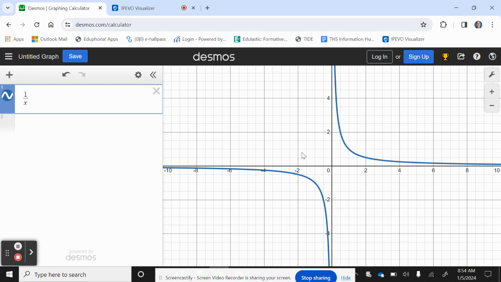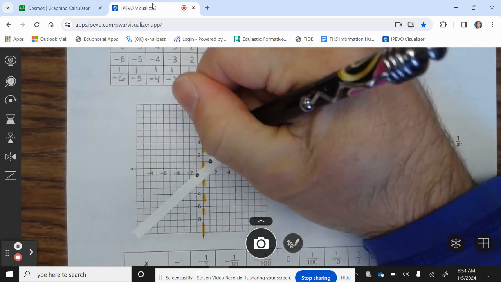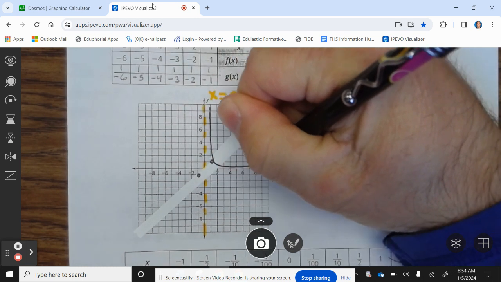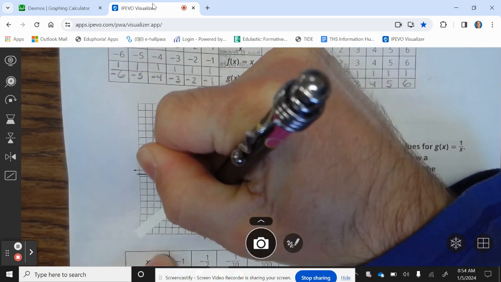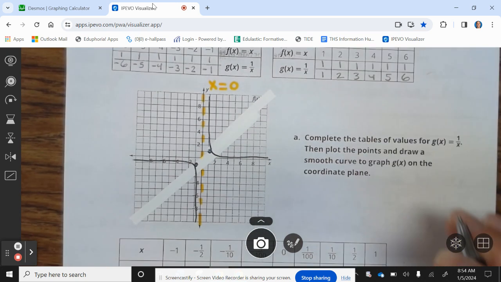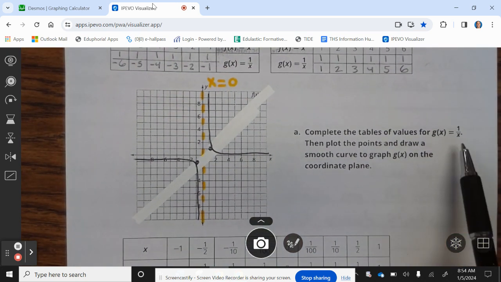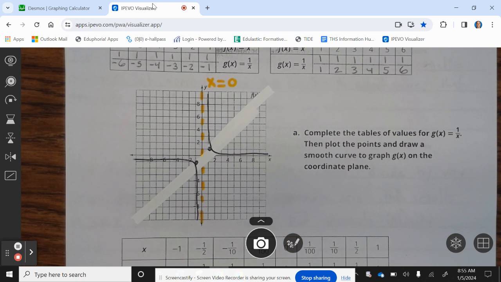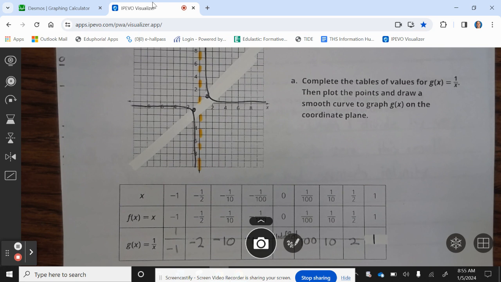And you can see here that it curves here and here. Okay, and then there's your graph of g of x equals 1 divided by x. All right. Let's take a look at the next page.